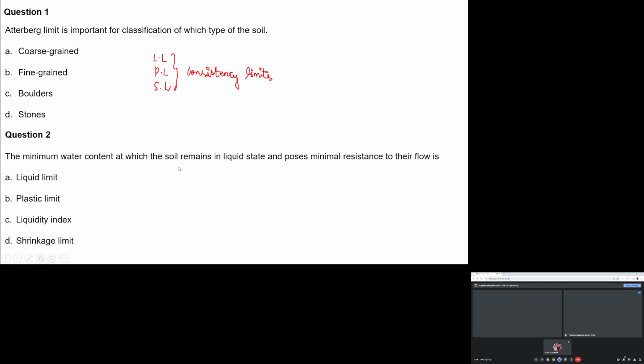Let me repeat the question. Liquid limit. Okay. Why is it liquid limit? The minimum water content at which soil remains.